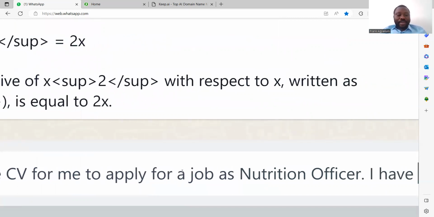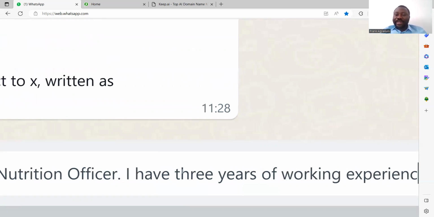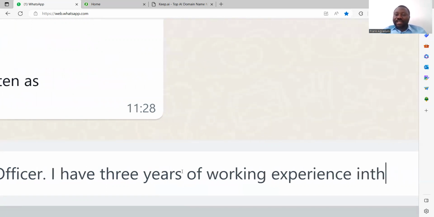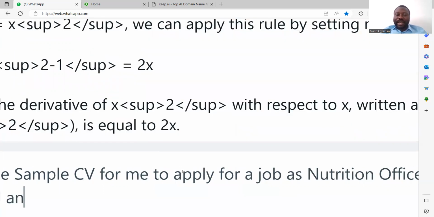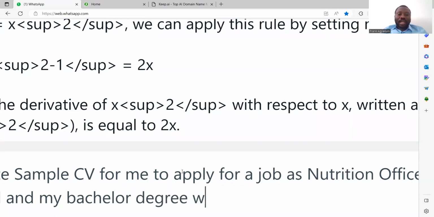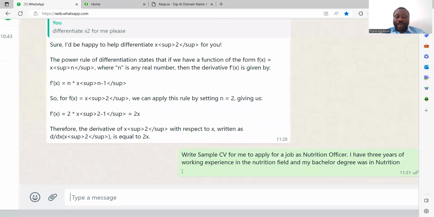I have 3 years of working experience in the nutrition field, and my bachelor degree was in nutrition. Okay, so this is the question. Then we send to the WhatsApp chatbot.